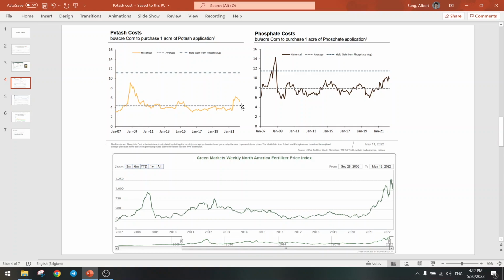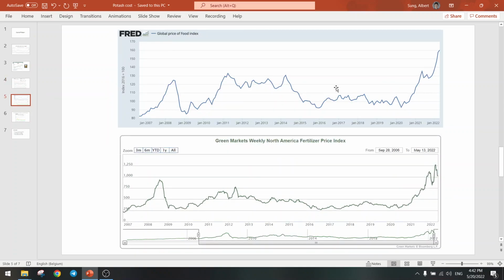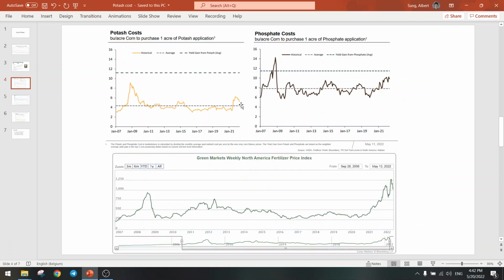It depends, of course, on the food price index. If food prices keep on rising, then this chart will keep on going down, and the fertilizer prices will probably keep on rising until we get back to this historic average, right? So it all depends on the food prices.